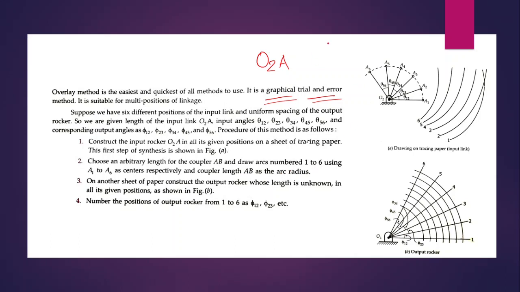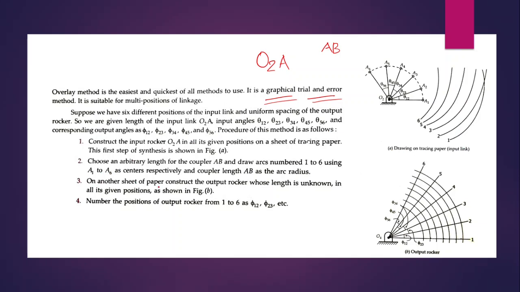Here we can fix or select a coupler length AB, and we can take that coupler length as radius and A1, A2, A3, A4, A5, A6 as centers. We can construct 6 different arcs. These are all on a sheet of tracing paper. This is the first step.